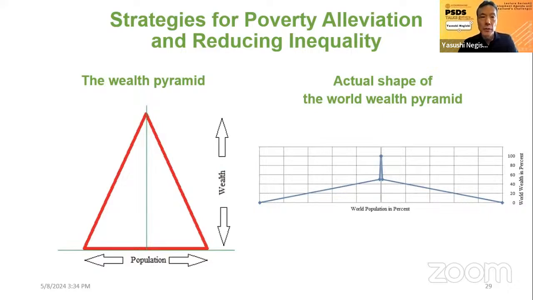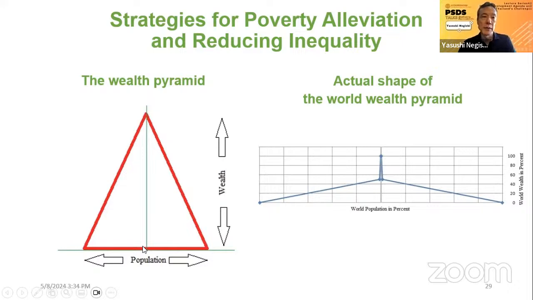This is called a wealth pyramid for a certain country. The horizontal line is population, and the vertical direction is wealth.